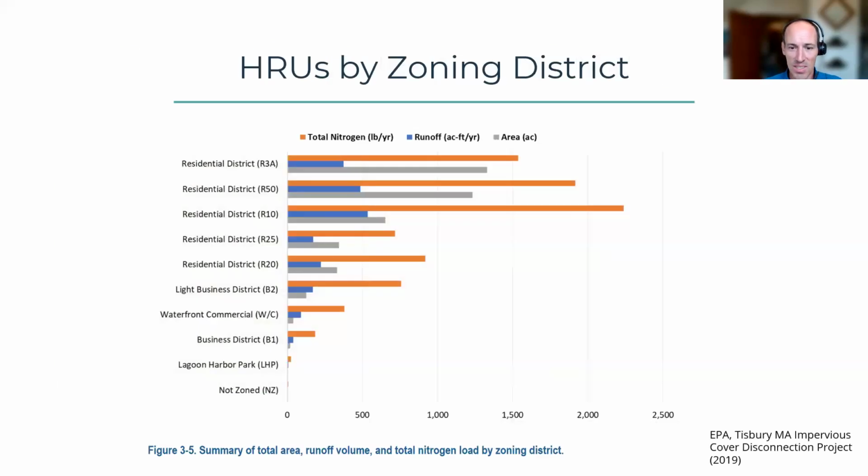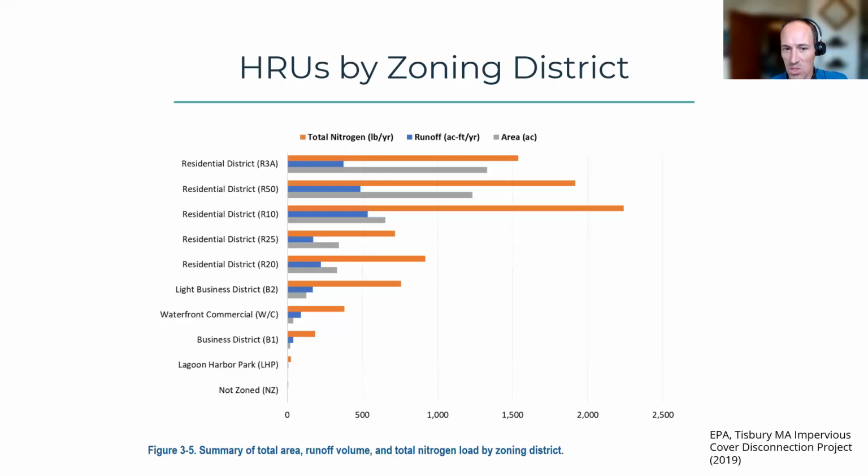This is another example, and this came out of the project that introduced me to hydrologic response units and the whole concept of them, which was done by EPA in Tisbury on Martha's Vineyard. They looked at HRUs and associated runoff and nutrient loading by zoning district.